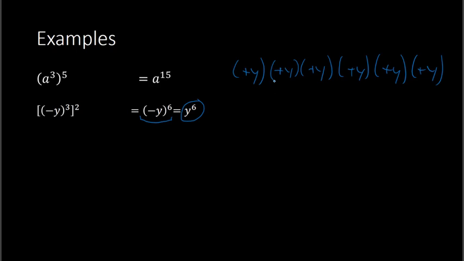So here, this becomes a positive. So we have positive y to the 1, 2, 3, 4, 5, 6 power. So this is a better way of writing it because the negative multiplied over and over again would become a positive. So if the exponent is even, it's going to be a positive. If the exponent is odd and it's a negative number, then this would be a negative.